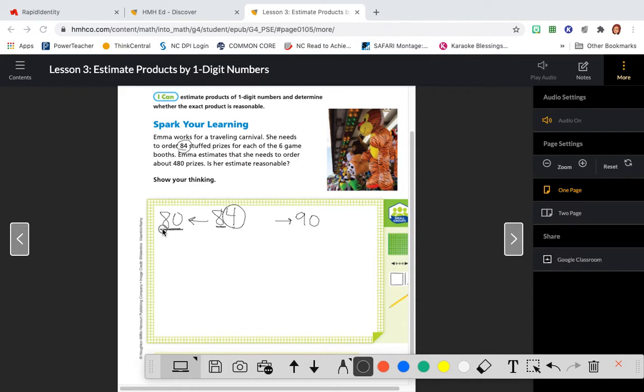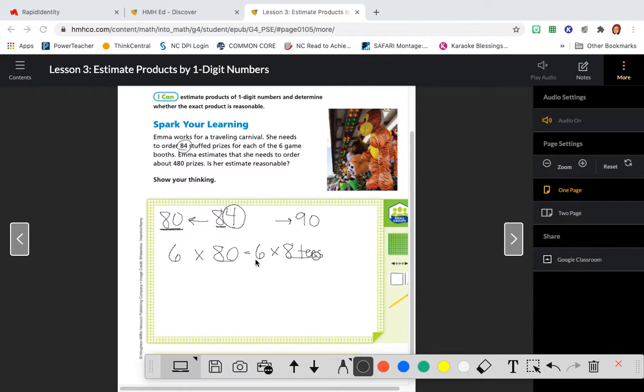So now we know we need about 80 prizes for each of the 6 games. So let's create a multiplication equation. Let's say 6 times 80. Okay, now let's simplify that just a little bit. That's the same thing as saying 6 times 8 tens. So 80 is the same thing as 8 tens.